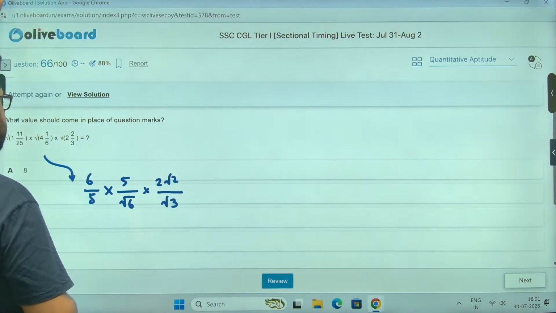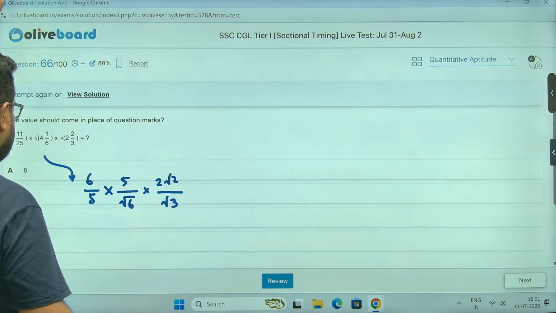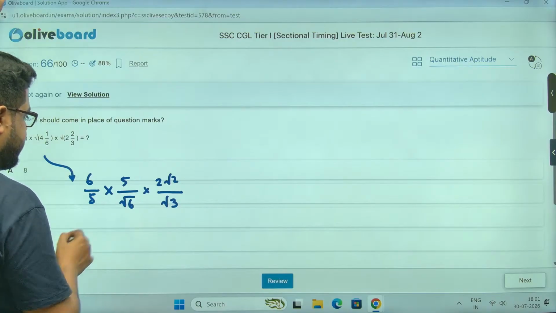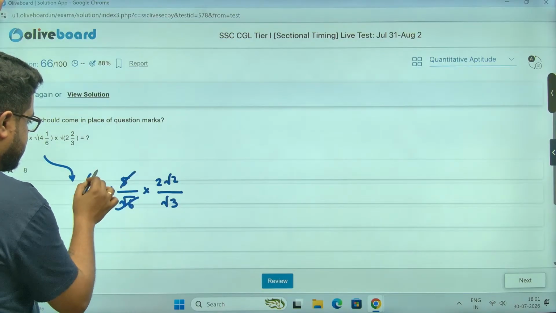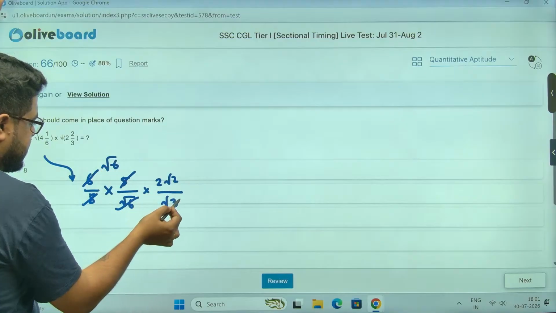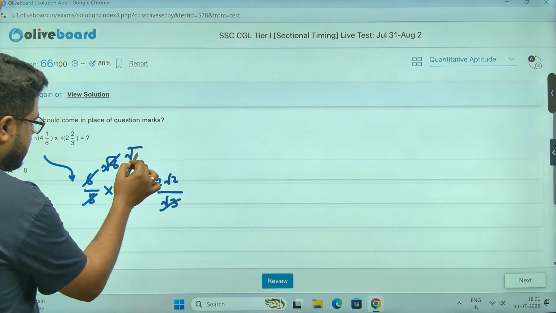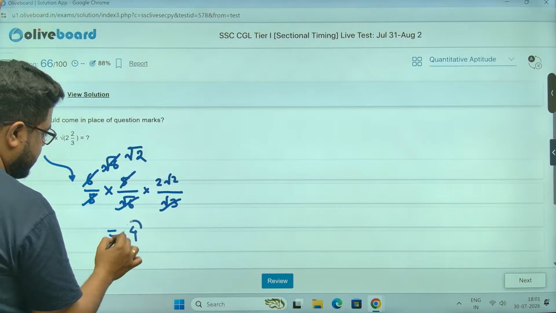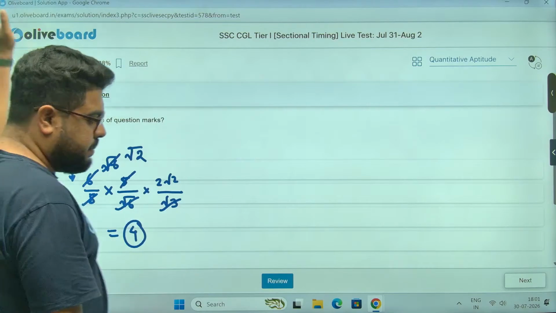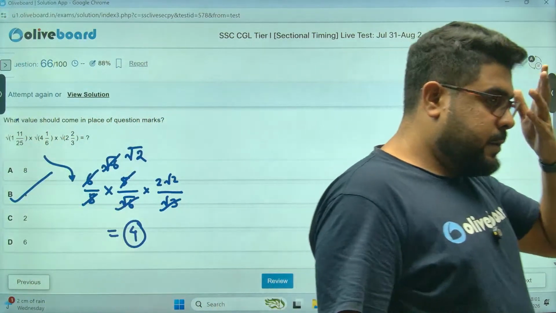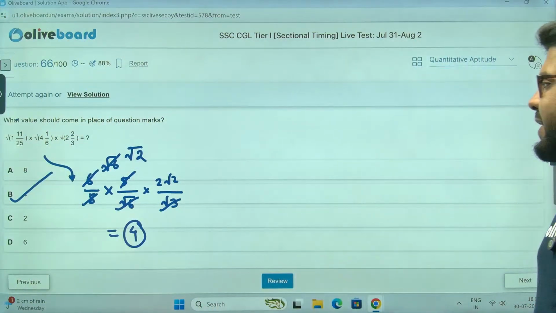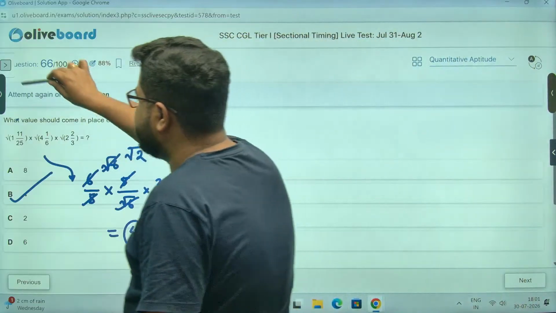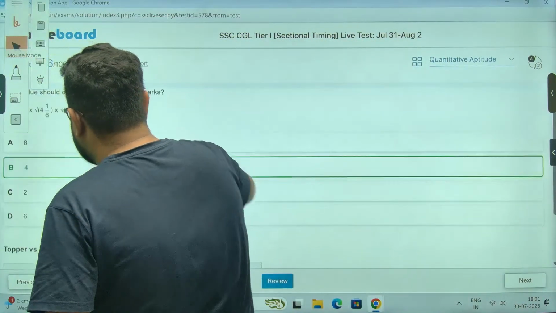One second. Let's cancel. This is root 6, root 3, root 2. Option B, 4 is the correct answer. You just need to calculate.